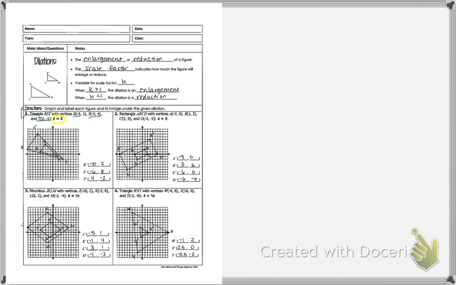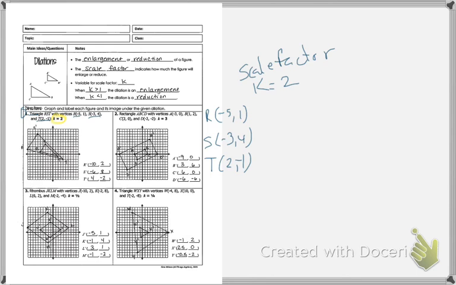So here we go. Number 1, we have R is -5, 1. We have S as -3, 4. And then we have T as 2, -1. Our scale factor, K, equals 2.